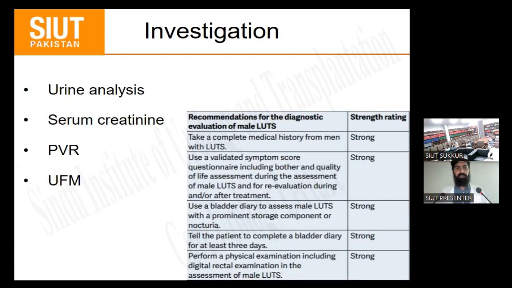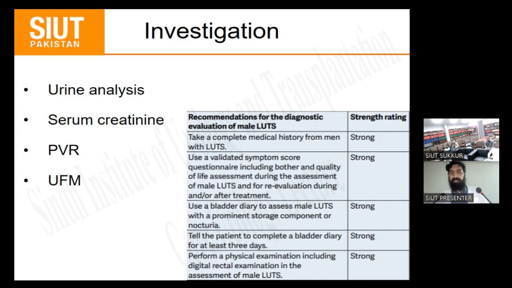Investigations: urine analysis, serum creatinine, post-void residue, and uroflowmetry. Recommendations for the diagnostic evaluation of male LUTs: take a complete medical history from men with LUTs. Use a validated symptom score questionnaire, including bother and quality of life assessment, during the assessment of male LUTs, and re-evaluation during and after treatment is a strong strength.